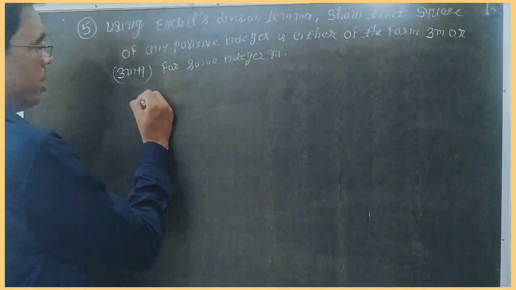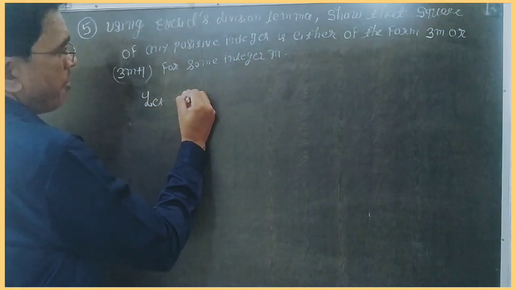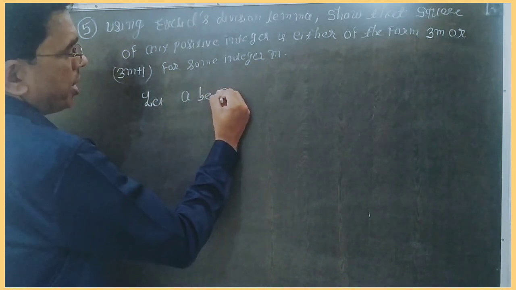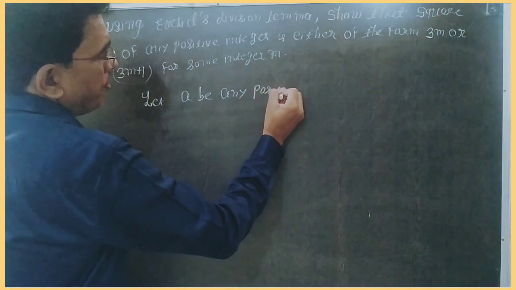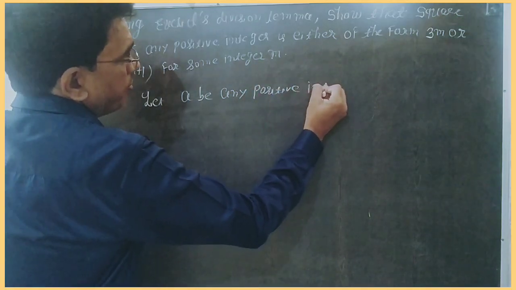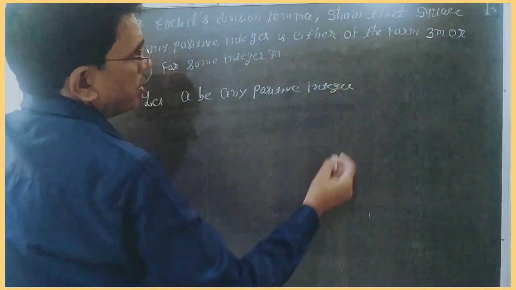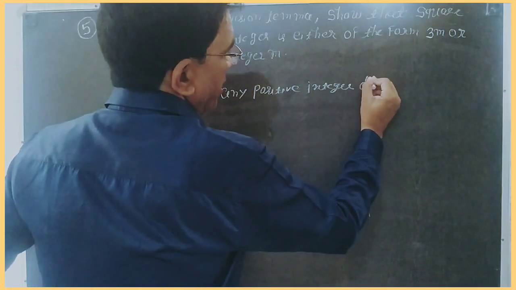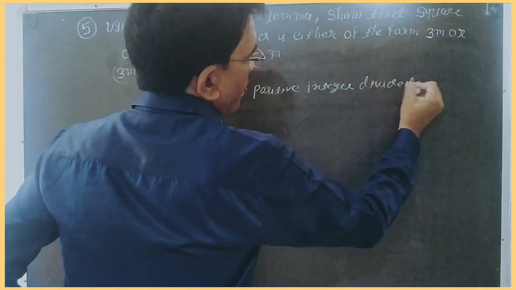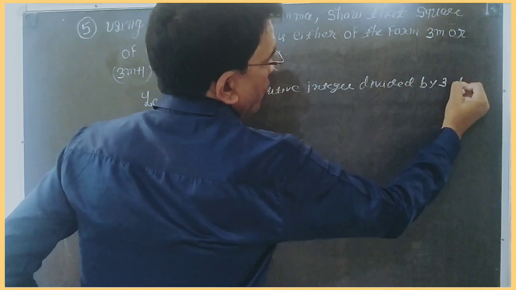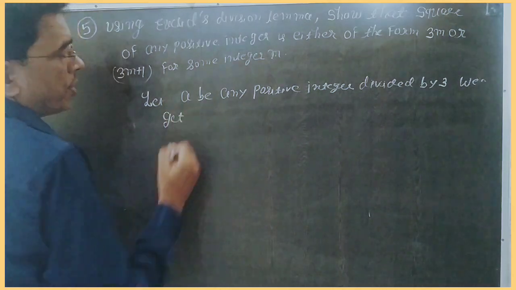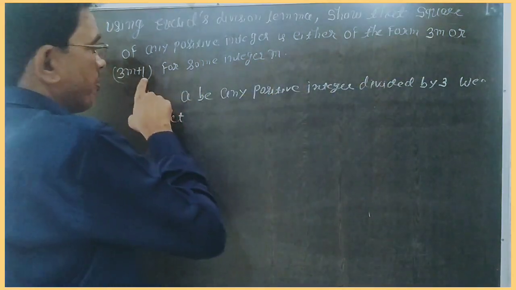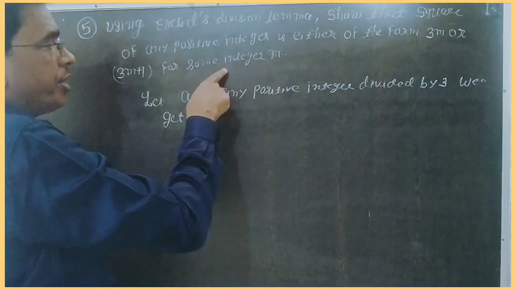So you write, let a be any positive integer divided by 3, we get, here is 3m or 3m plus 1, because after squaring you get this.